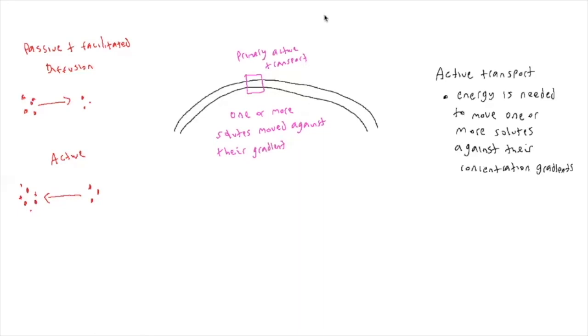The other one is called secondary active transport. With this one, going with energy efficiency, one molecule goes down its gradient, and the other molecule goes against it.